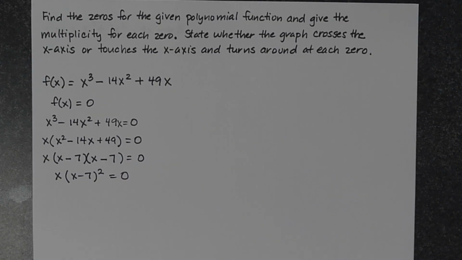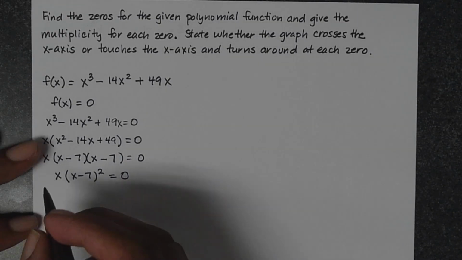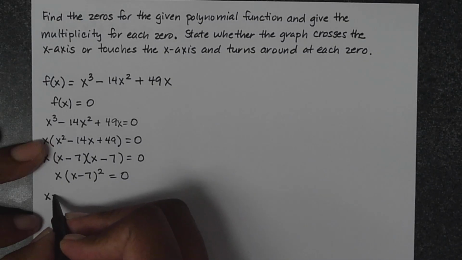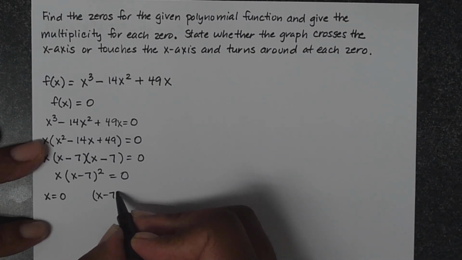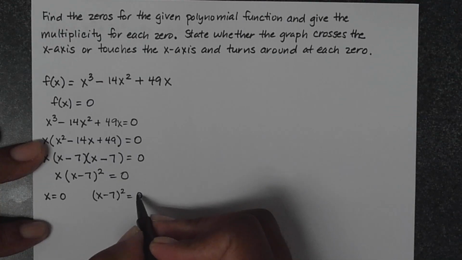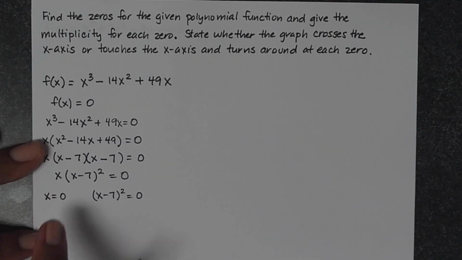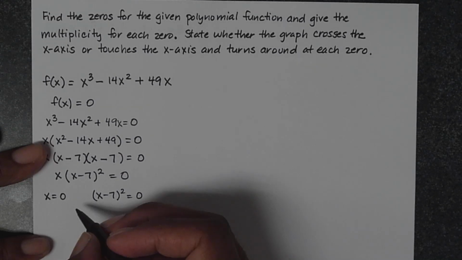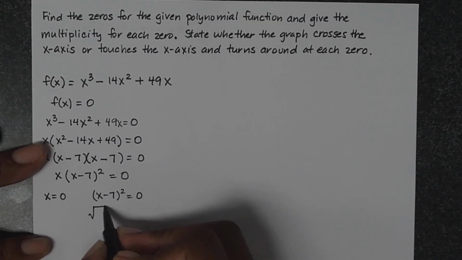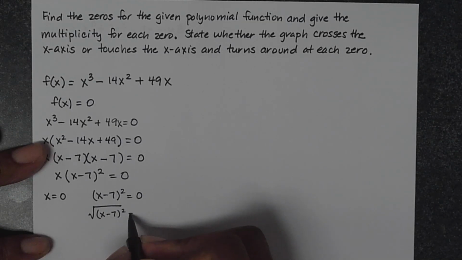And then from here I can go ahead and set each factor equal to 0. So I can set x to be equal to 0, and I can set (x minus 7) quantity squared to be equal to 0. Well, x equals 0 is already solved for x. For (x minus 7) quantity squared equal to 0, the opposite of squaring something is to take the square root on both sides of this equation.